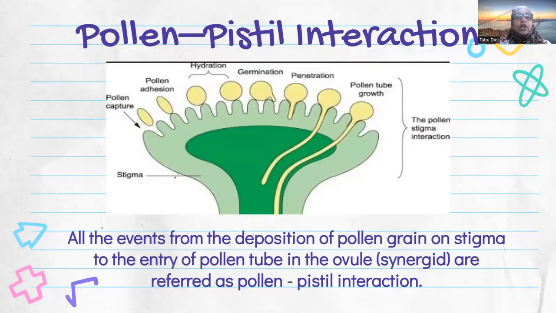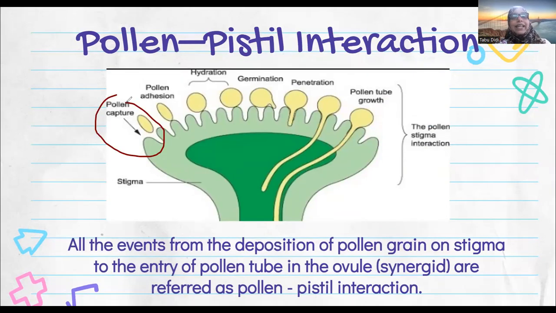So it is basically all the events that take place from the time when the pollen grain is captured by the stigma, sticks onto the stigma, and gains entry inside the gynoecium, inside the style over here, and further deep down towards the ovary, trying to break open the membrane and penetrate the embryo sac to fertilize the egg.